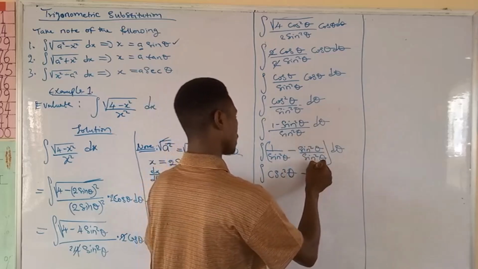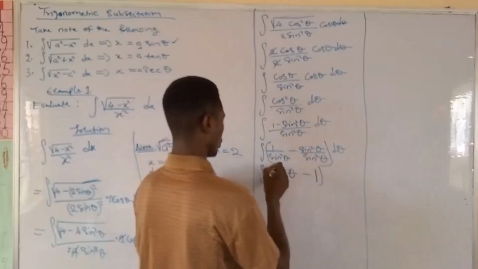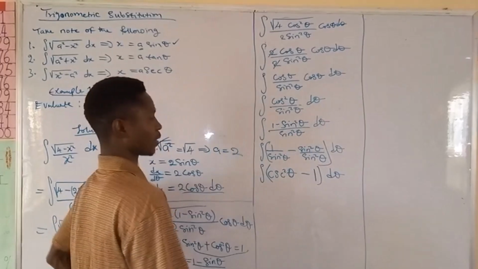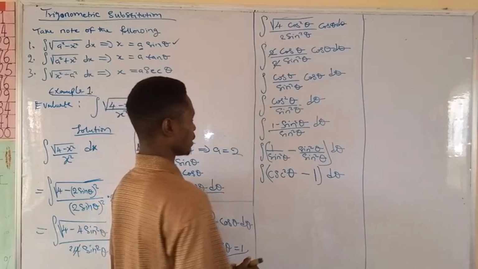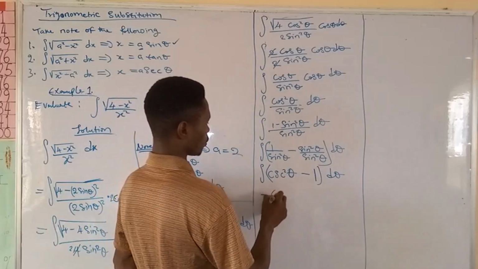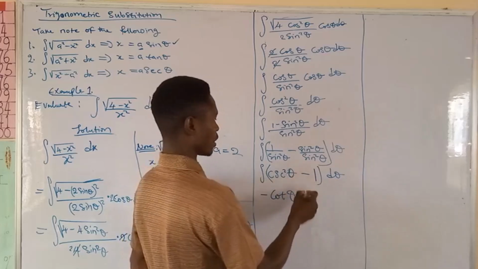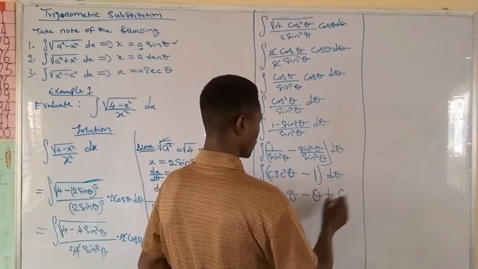So it's the same thing as 1, because if we divide it by this, we get 1. So we now have the theta. So if we integrate this, we will be getting minus cot theta. If we integrate a constant, we get a variable which is theta plus c.